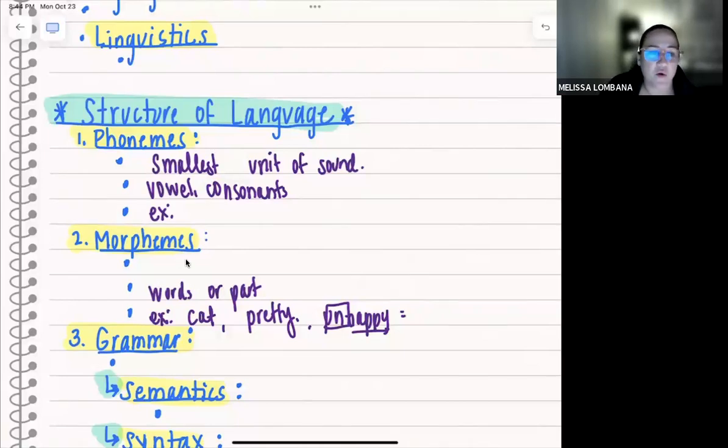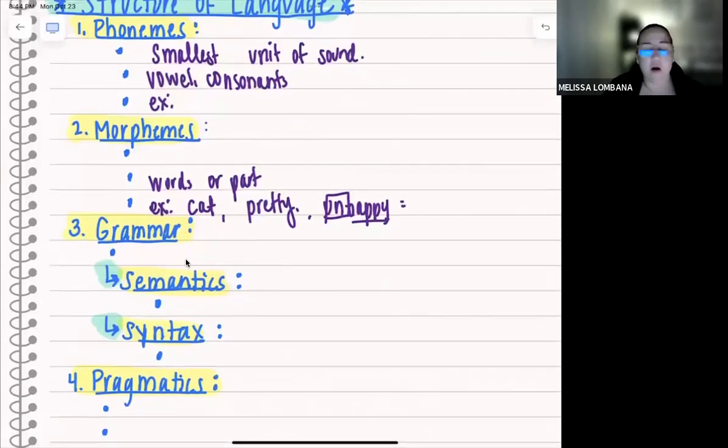The next one is grammar. Grammar is a system of rules that enables us to communicate and allows us to understand each other.